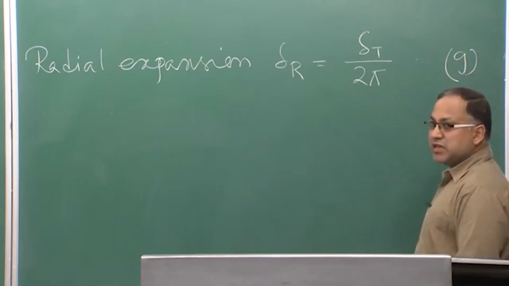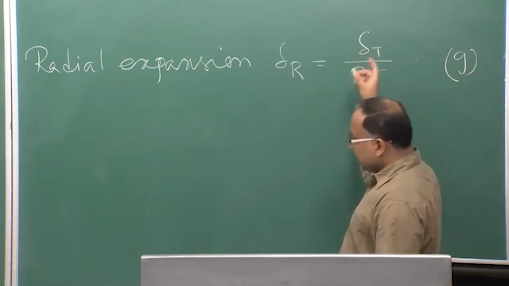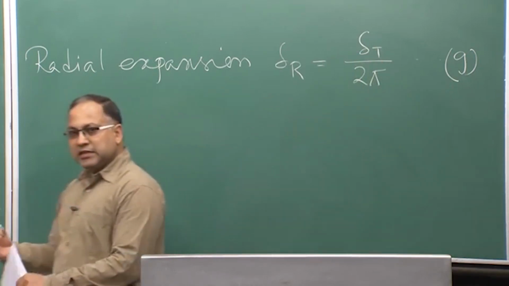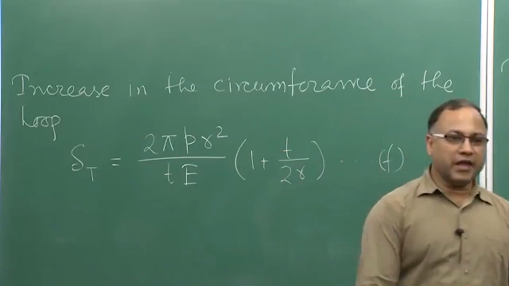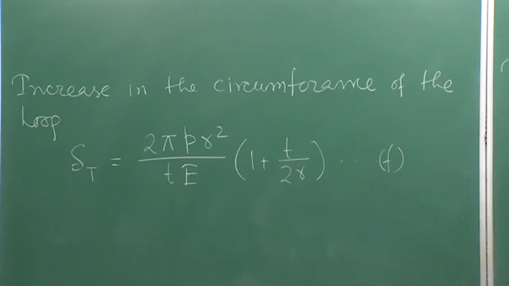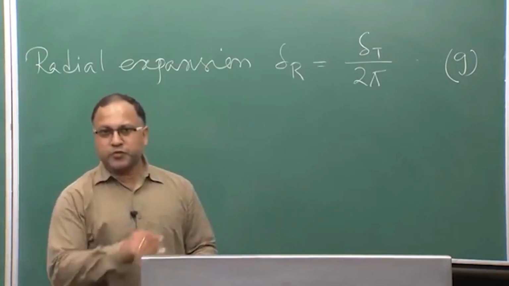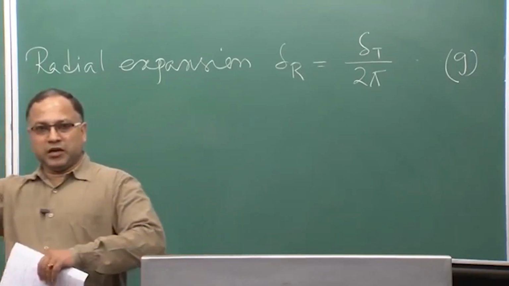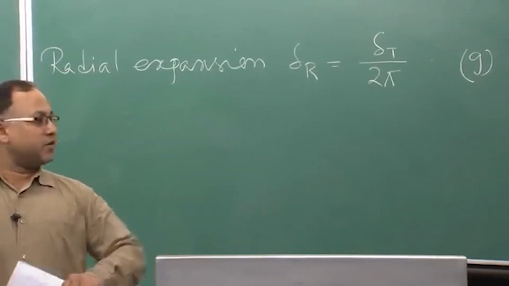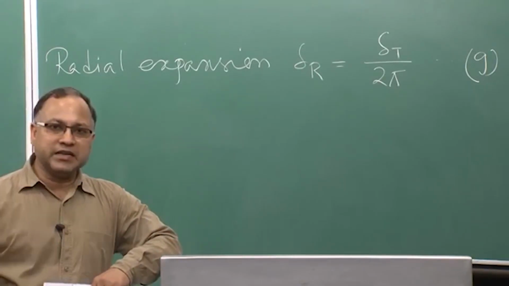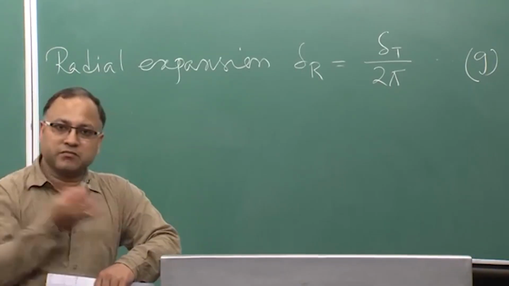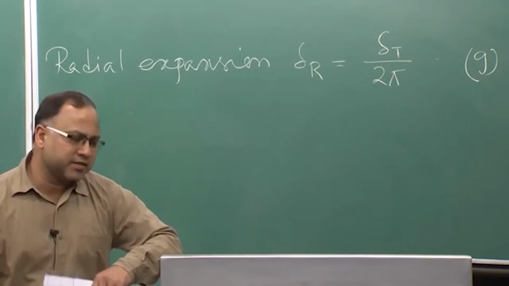This is equation G. This delta t is the total increase in the circumference length as obtained from equation F, and it will be uniformly distributed to get the radial expansion by this equation. So delta r and delta t are related by this expression, which is very simple from the geometry itself.